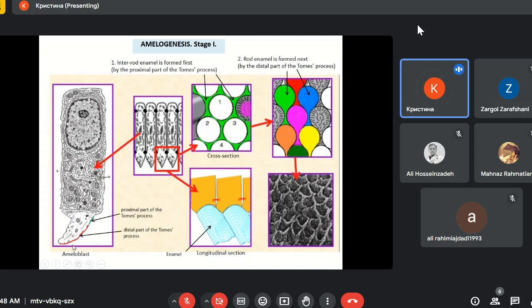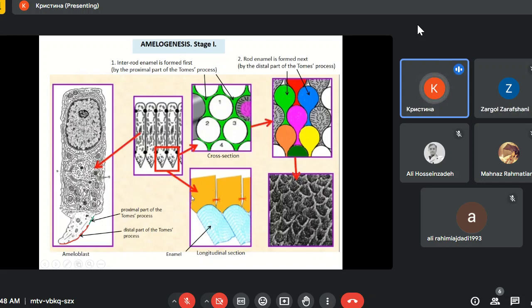So ameloblast, here is its basal portion, and the apical Tomes process with its proximal portion and distal portion. Ameloblasts are connected together with junctions, and first the interrod region is produced by the proximal portion of the Tomes process, and then the interrod region is filled with the enamel rods produced by the distal portions of the Tomes processes.